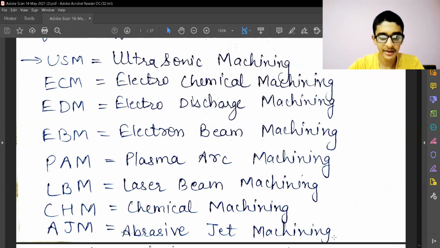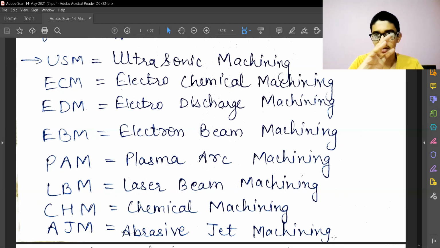In abrasive jet machining, we use tiny abrasives, like in the cutting operation, or the buffing or grinding operation. In the grinding operation, the tool we are using has very small abrasives on it, and they are directed in a specific direction.